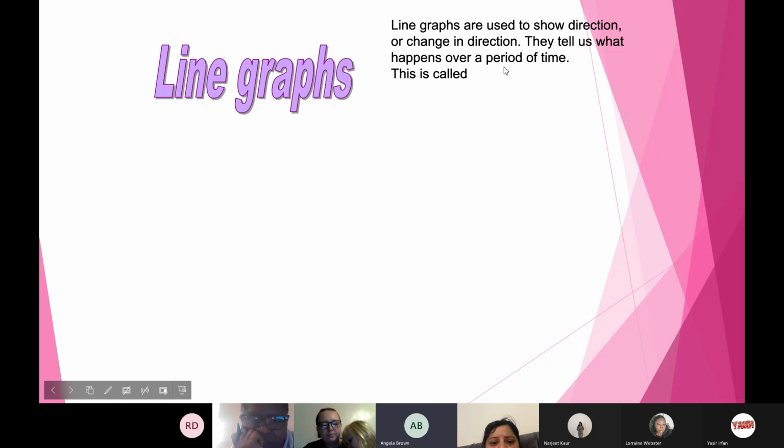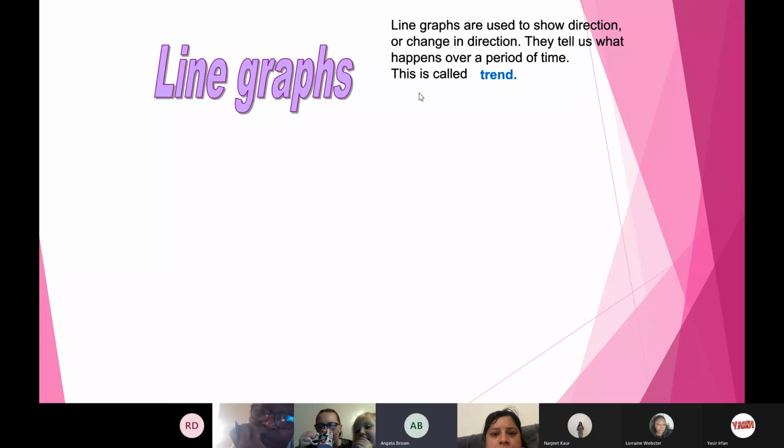When a line graph tells us what is happening over a period of time, we call this a trend. This trend information becomes clearer when you go on to GCSE, where we look at trends, time series, drawing more straight line graphs and trying to work out gradients, etc.